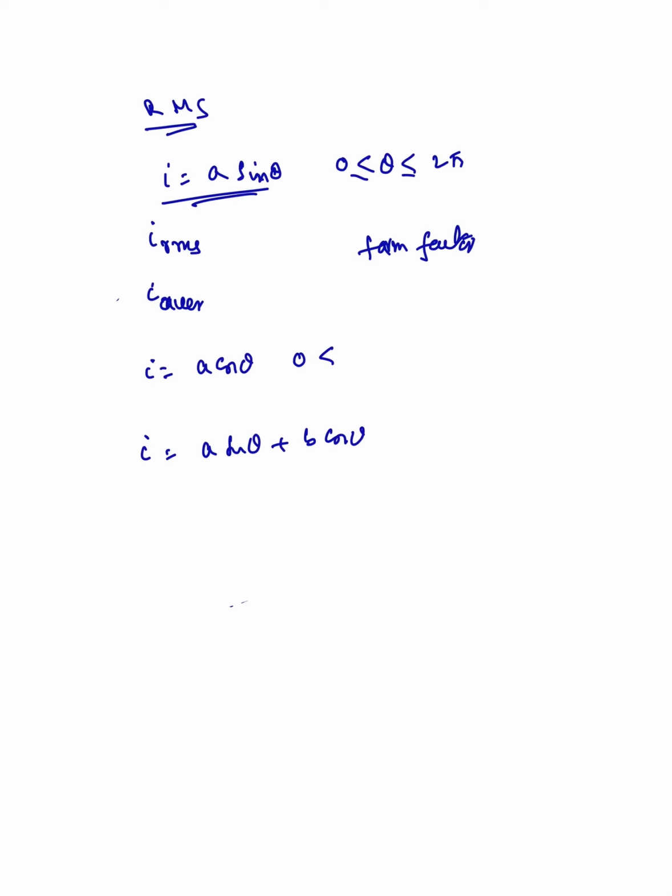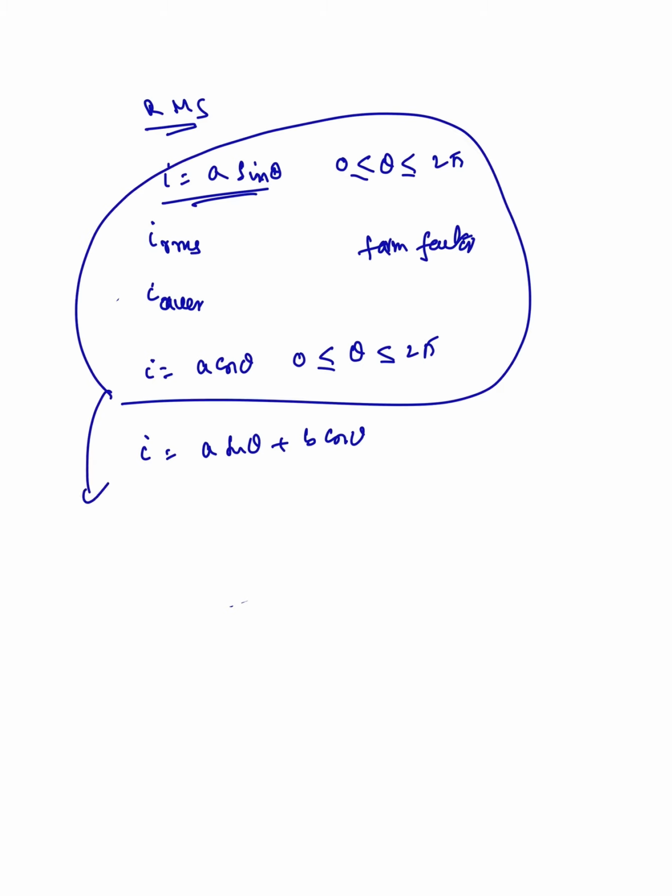Here also theta is in between 2 pi. And for this same expression, a sin theta, when theta is in between 0 and pi, equal to 0 when theta is in between pi and 2 pi.